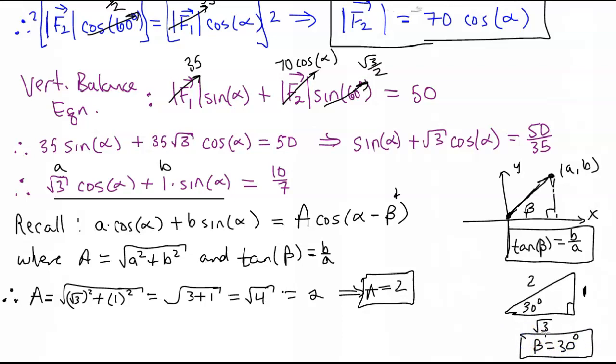All right, so in my next steps, to keep the math a little bit more simple, because we have to give this answer in degrees, I'm going to keep my phase angle beta in degrees, okay?